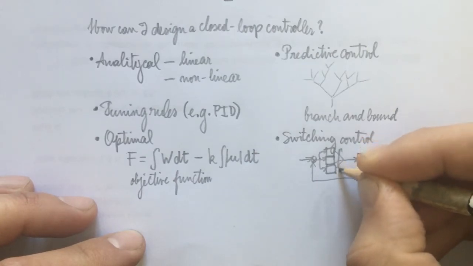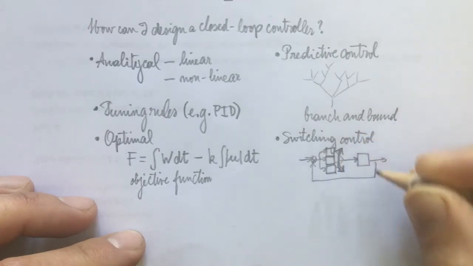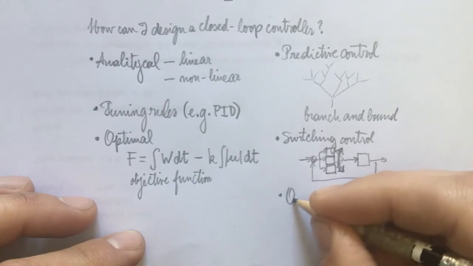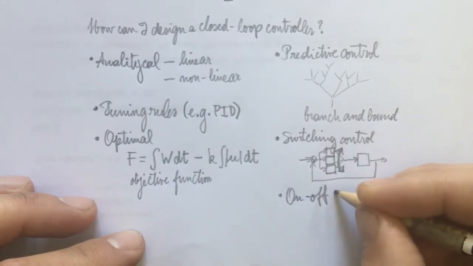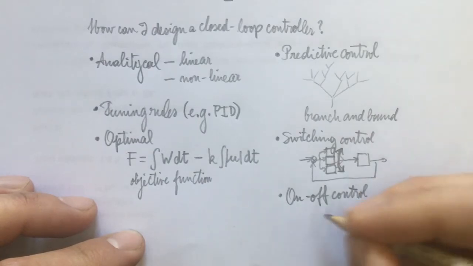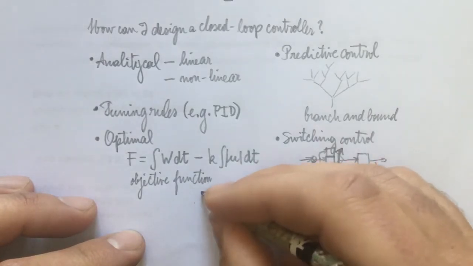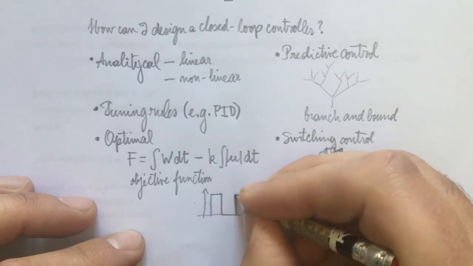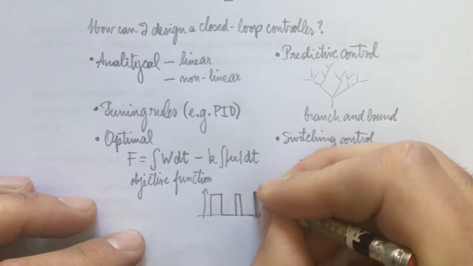This switching has to be done carefully, since switching from one controller to the other may cause stability problems. On-off control is something I have already mentioned. It is a very brutal nonlinear technique in which my control action can just assume two values.